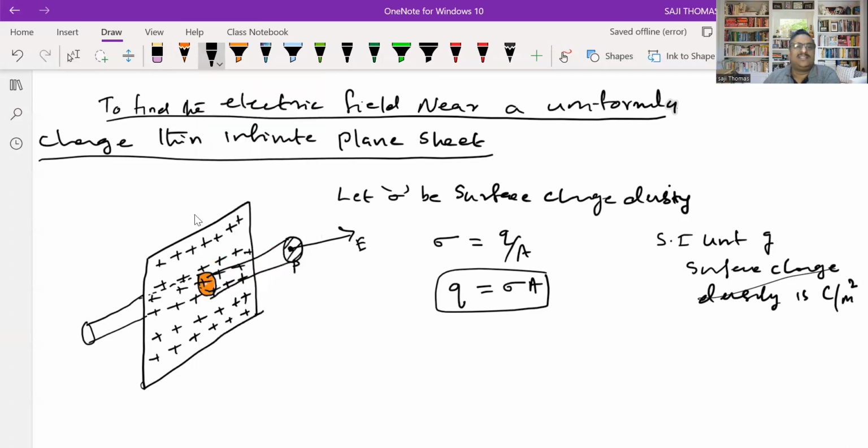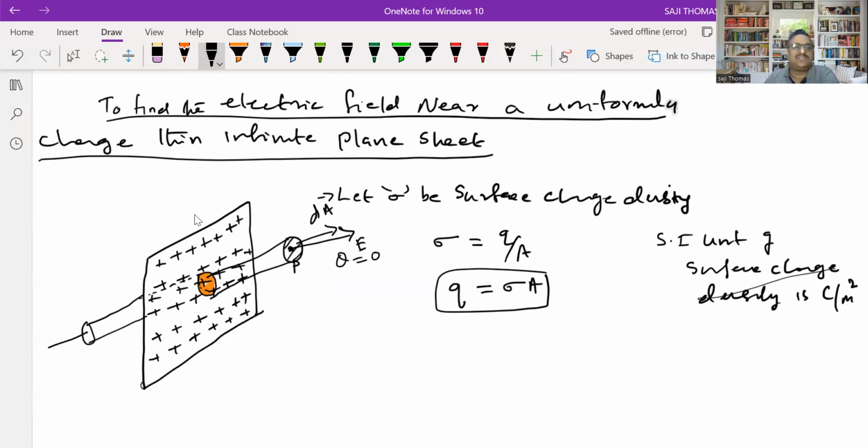Here also, this cylinder has two types of surfaces, flat surfaces and a curved surface. Here, the electric field is along the x direction only. See, the flat surface area direction is this way. The electric field and the flat surface area normal are in the same direction. So the angle between them, theta, is 0.